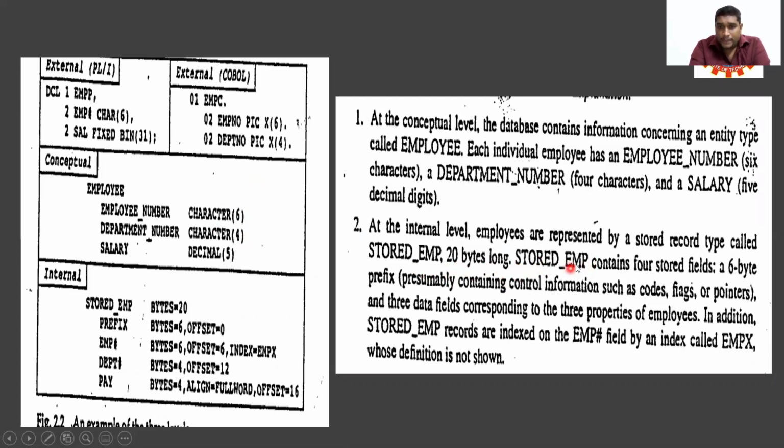Stored employee contains 4 stored fields and a 6 byte prefix. Among the 20 bytes, the first 6 bytes are used for control information such as codes, flags, pointers. This is the default, from employee number to department number to salary.